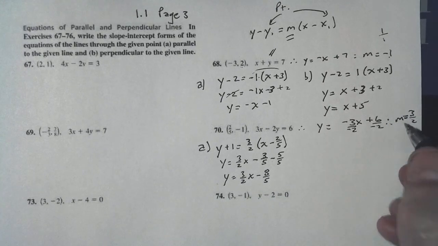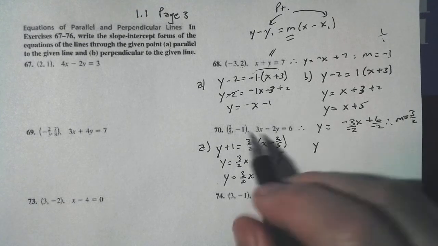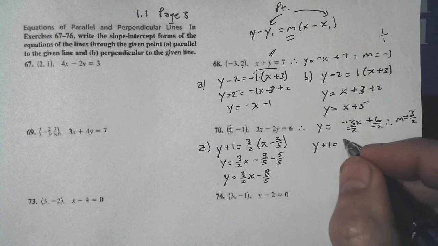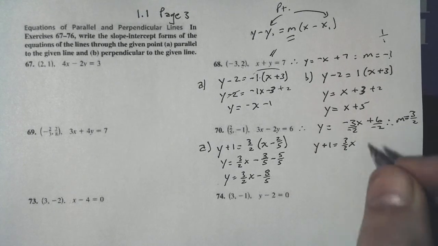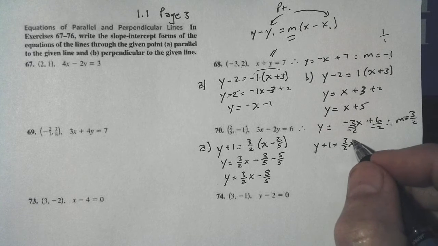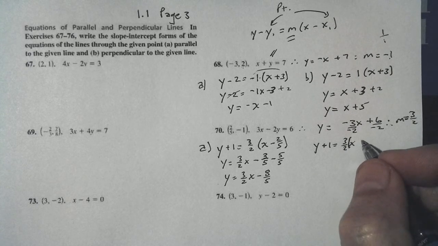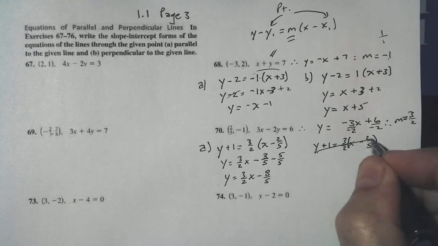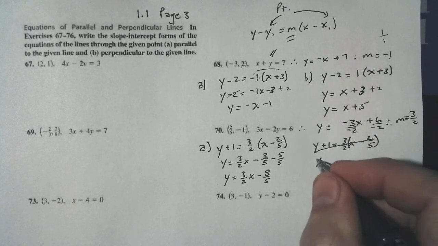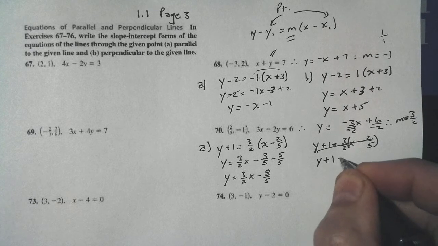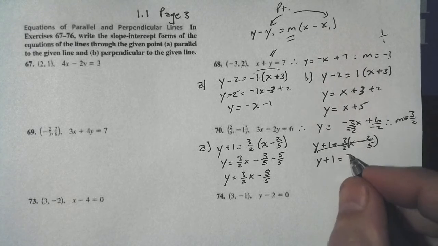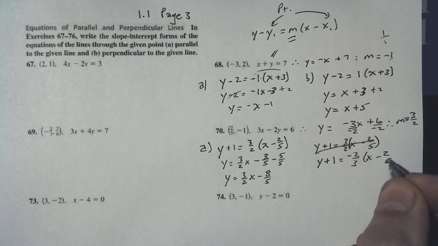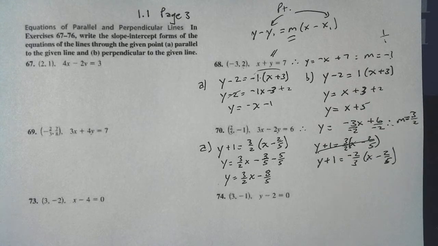And for perpendicular, I still have these 2 same puzzle pieces, y minus -1, y plus 1 equals slope times x minus 2/5. That was bad. If I had any pride at all, I'd redo this, but it's probably good to see that mistakes happen. Perpendicular, -2/3 times x minus 2/5.